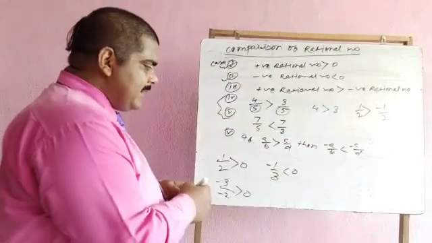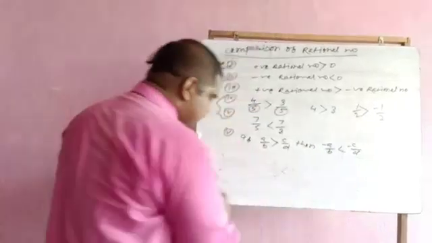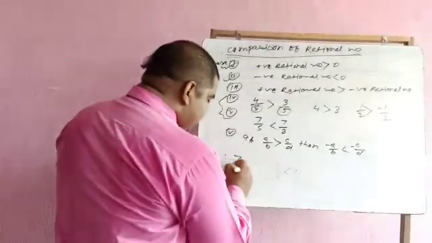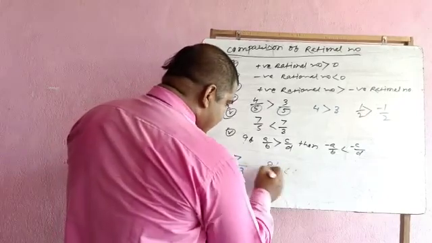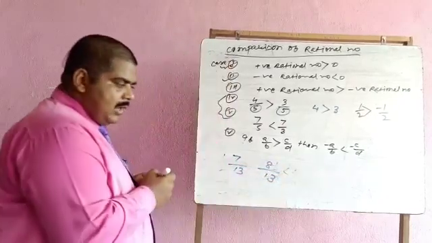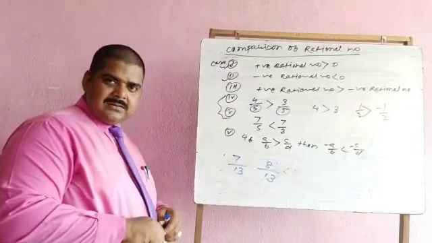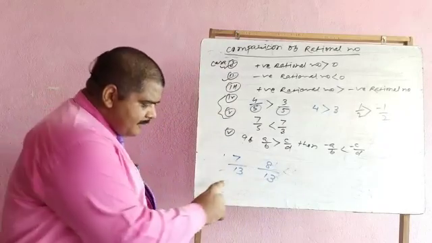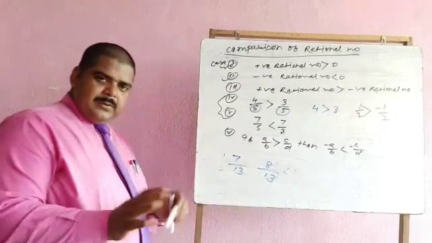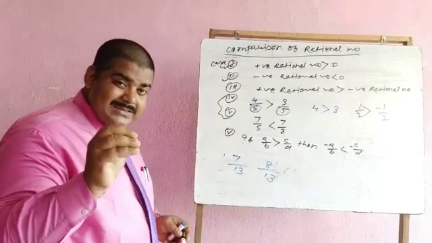It can be understood by one more example: 7 upon 13 and 8 upon 13. Now you have to decide which one is greater. At first you compare the denominators. The denominators are equal. Then what to do?